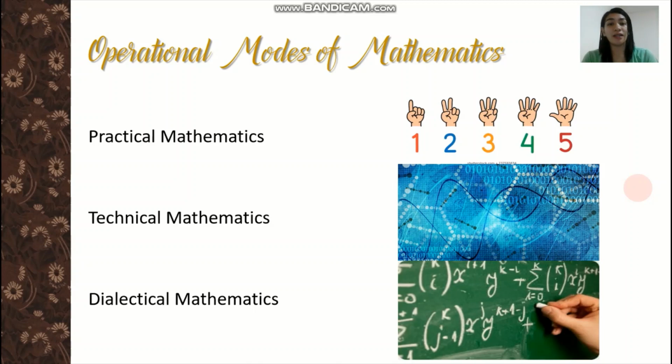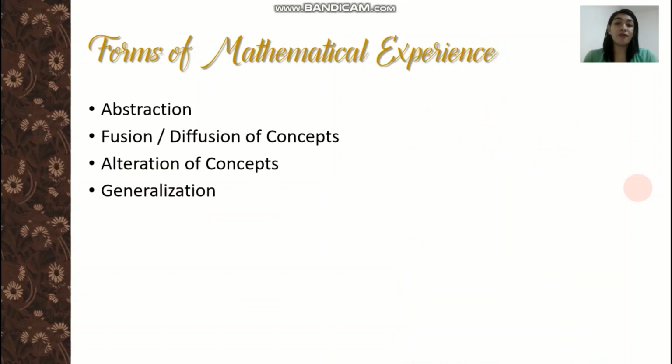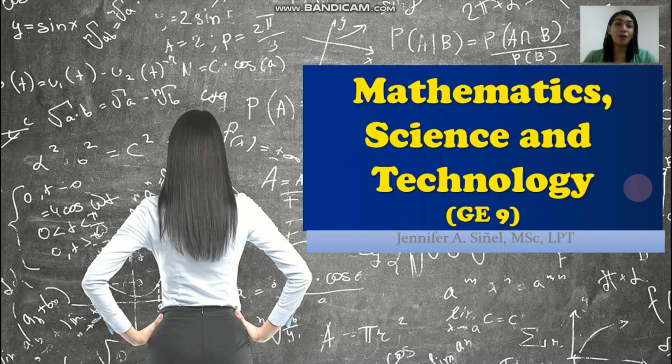The operational modes of mathematics are practical, technical, and dialectical mathematics. We fuse practical and technical mathematics into applied mathematics, while dialectical mathematics is pure mathematics. And last, the different forms of mathematical experience are abstraction, fusion and diffusion of concepts, alteration of concepts, and generalization.